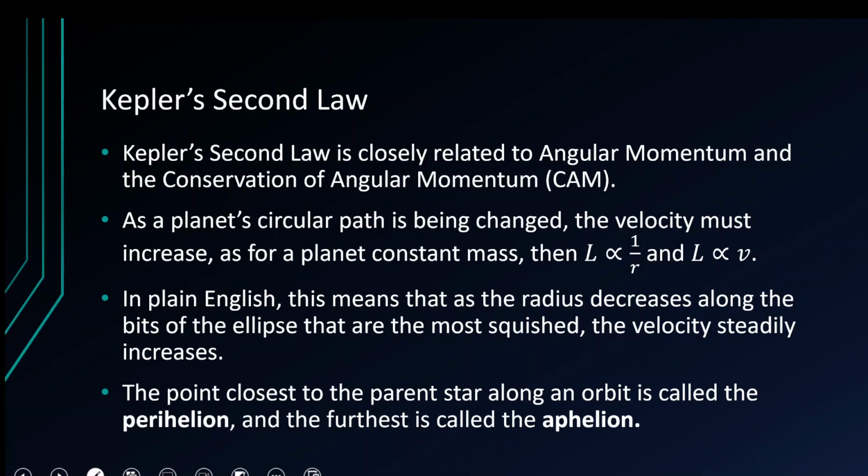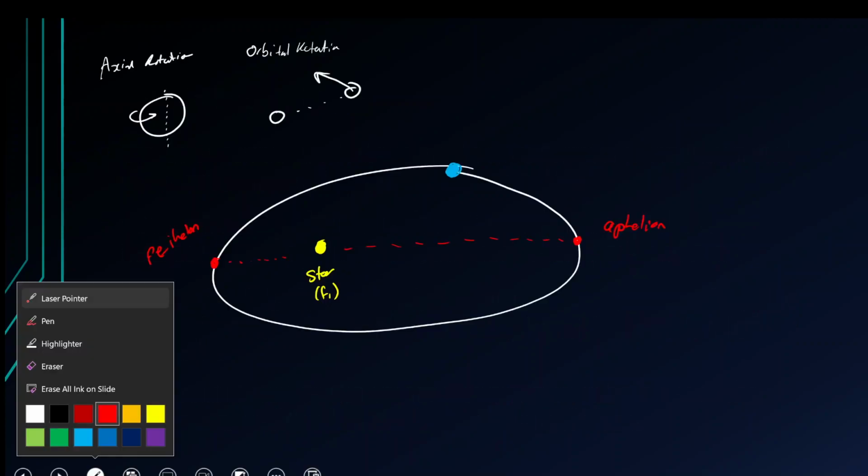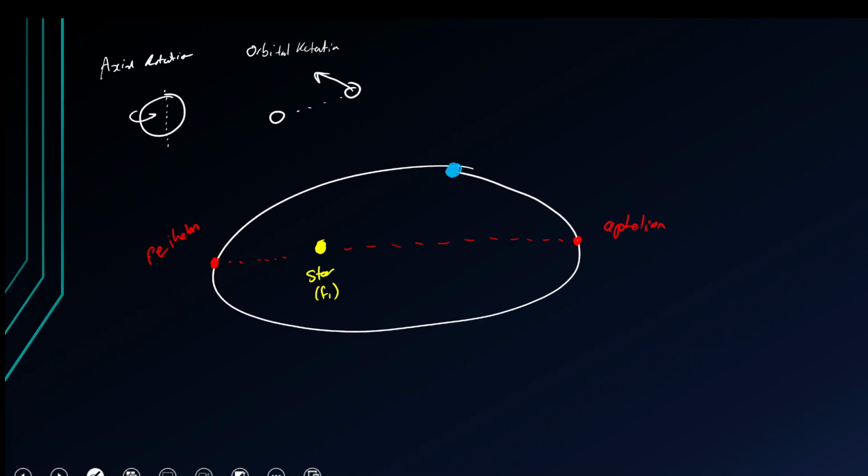So what that means is, if you go back to this diagram, let's say that going from here, this is time t1, and this time here will be t2. So this is where the Earth is at the second time.